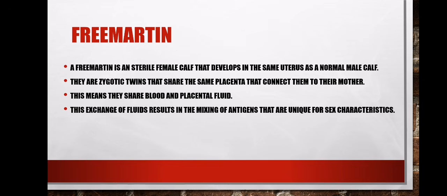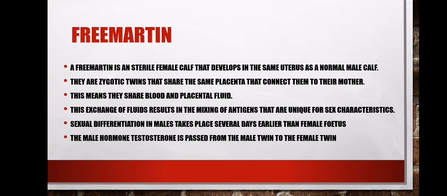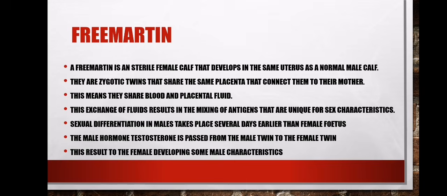This exchange of fluids results in the mixing of antigens that are unique for sex characteristics. Sex differentiation in males takes place several days earlier than in the female fetus. The male hormone testosterone is passed from the male twin to the female twin. This results in the female developing some male characteristics.